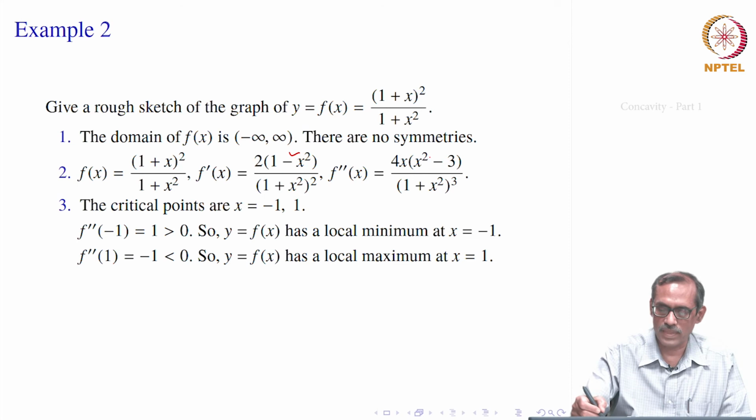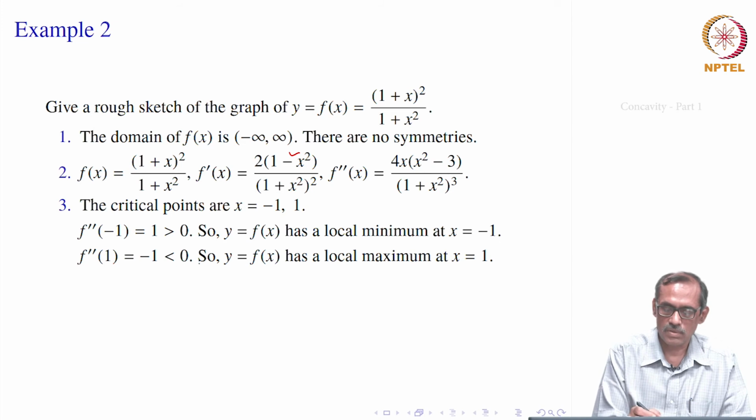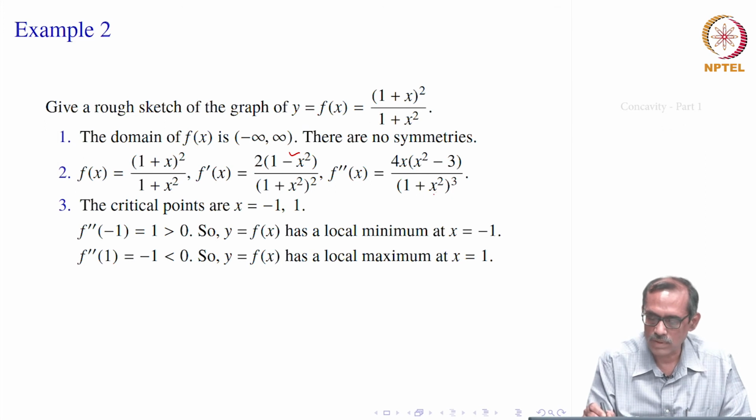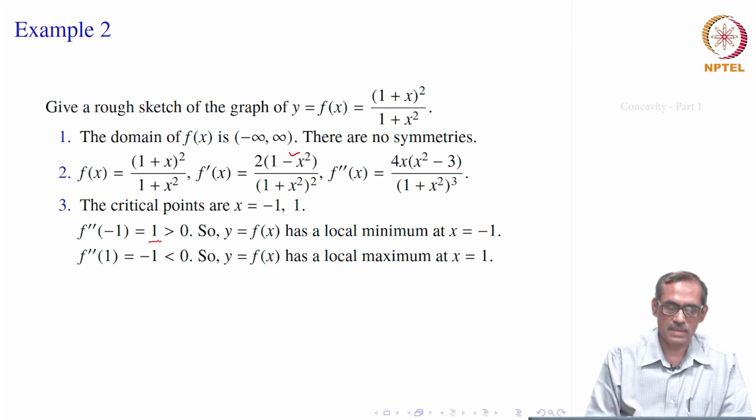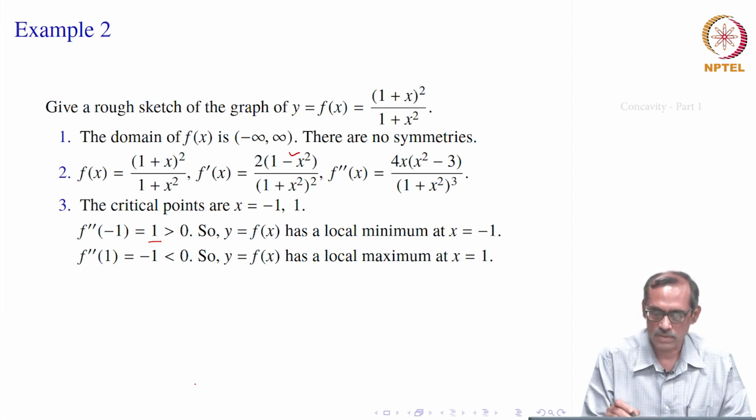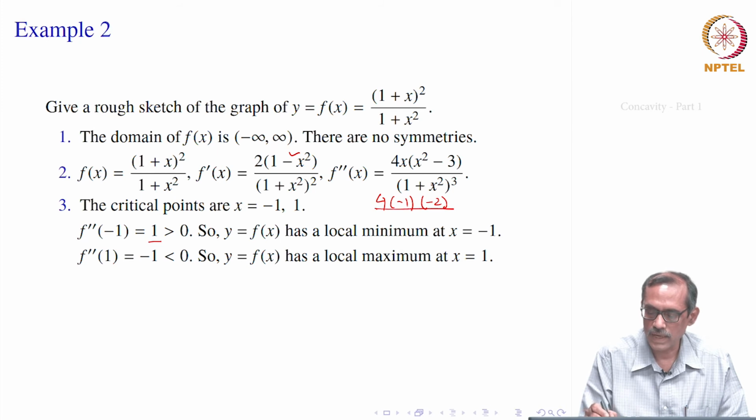So, substituting minus 1 there, we would get 1 minus 3, so that is negative, the denominator is positive anyway. Let us calculate, it is 4 into minus 1 into 1 minus 3, which is minus 2, divided by 1 plus 1 cubed.